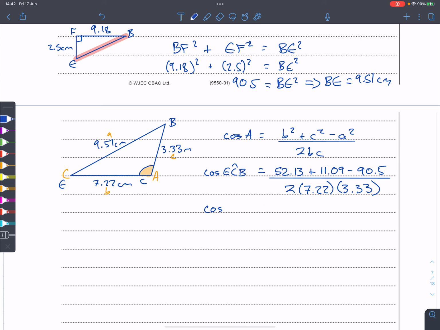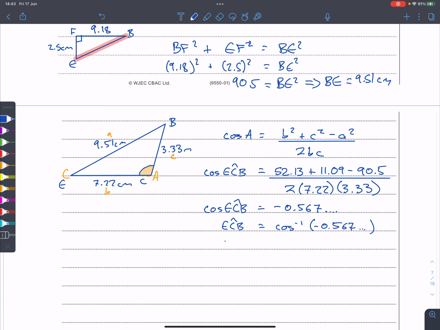Okay, so I'm going to make my substitutions now. So when I type all this in on the right hand side, I end up with negative 0.567 and so on and so on coming through. And if I want angle ECB, then I need to inverse cos both sides.